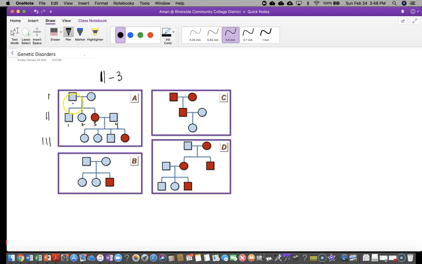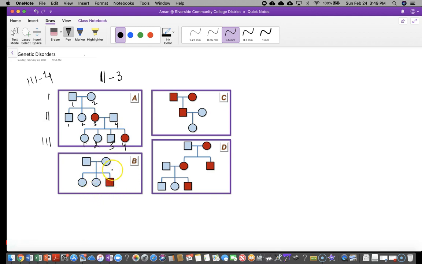In the third generation, this is number 1, number 2, number 3, and number 4. So in generation 2, member 3 is affected, and in generation 3, the 4th member is affected. So 3, 4 is affected, and 2, 3 is affected.